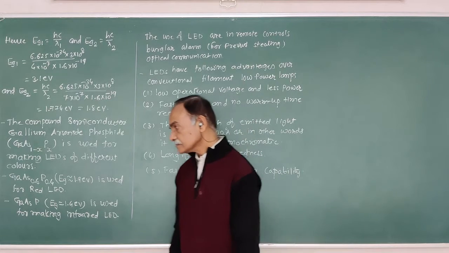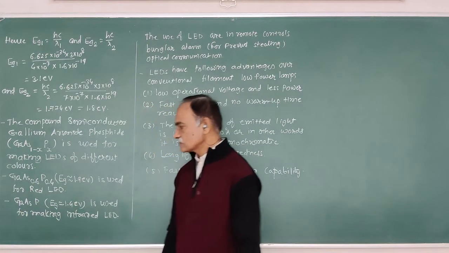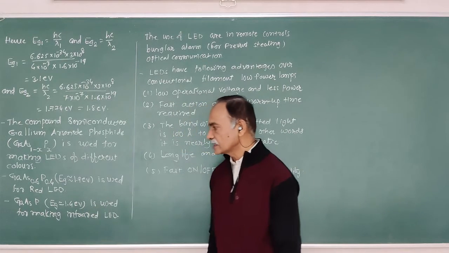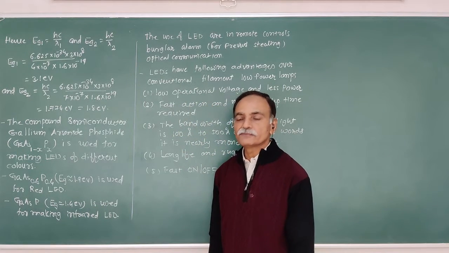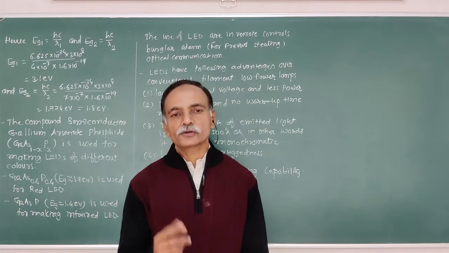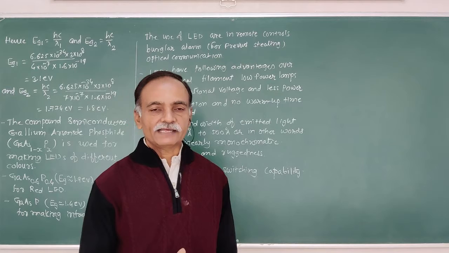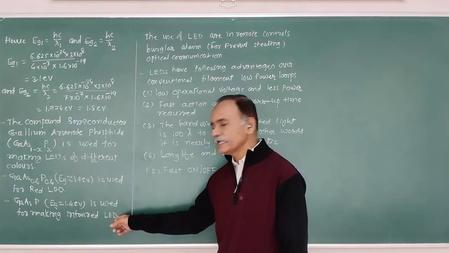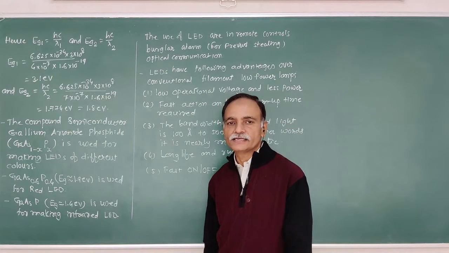Okay. Now, gallium arsenide phosphide having a band gap energy of 1.4 electron volt is used for making the infrared LED. Generally, in the remote control of our TV, CD player, and most remote controls, we are using this infrared LED.